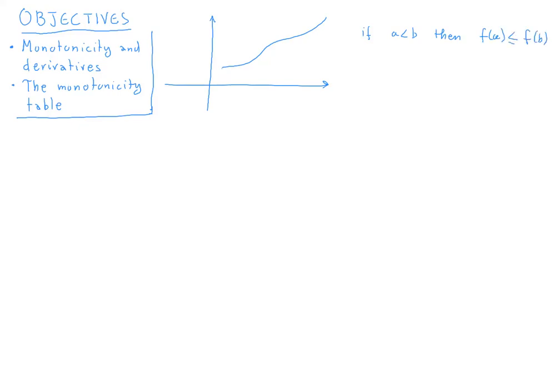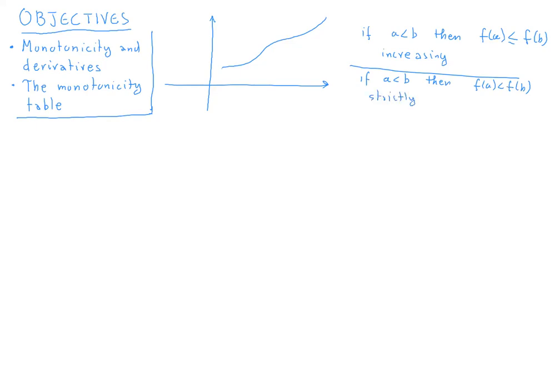Then it's called increasing. And if we can make sure that equality is never a possibility, then this is called strictly increasing.